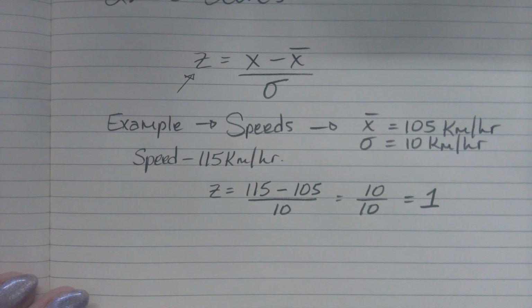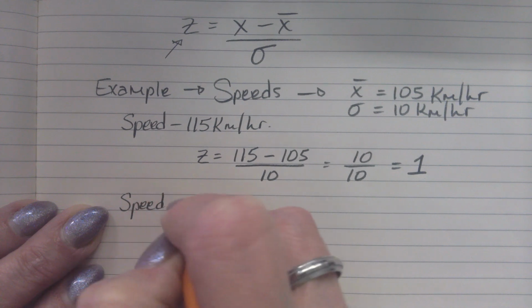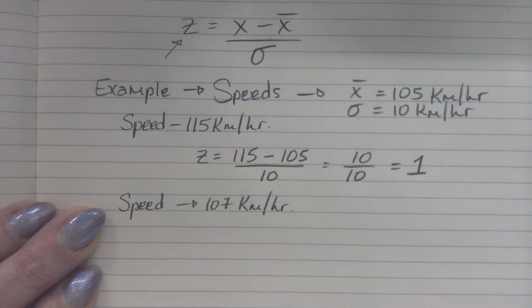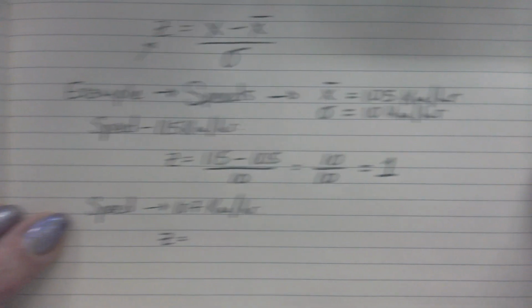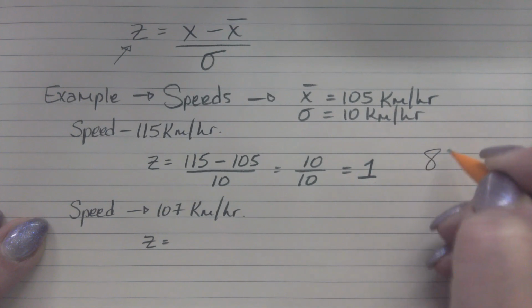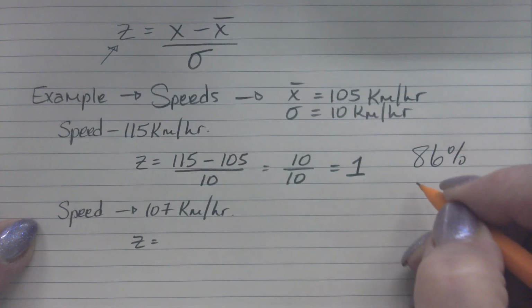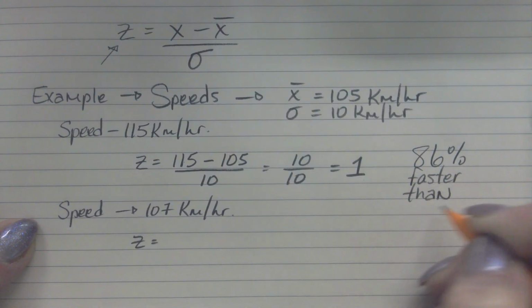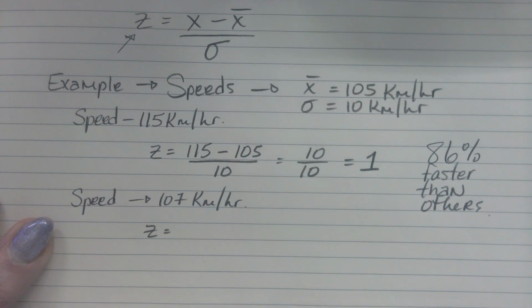Now, what happens if I decreased my speed to 107 kilometers an hour? Let's recalculate. This represented 86%, I'm going faster than others.